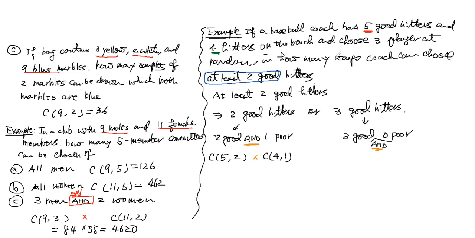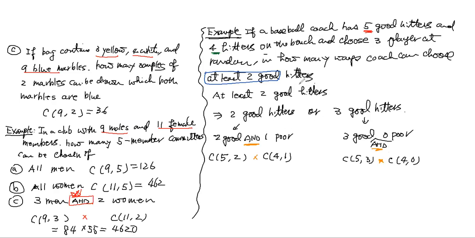The same way here: 3 good ones, so C(5,3), and 0 poor ones, so C(4,0). Because this is "and" again, it's times.